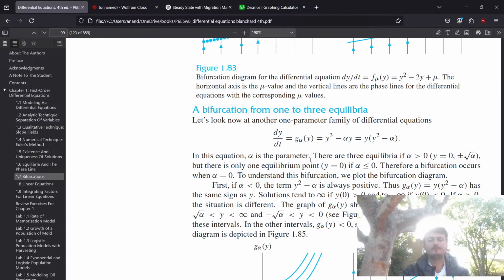Bifurcation. Let's look at another one parameter family of differential equations. g alpha of y is equal to y cubed minus alpha y, which is y times y squared minus alpha.